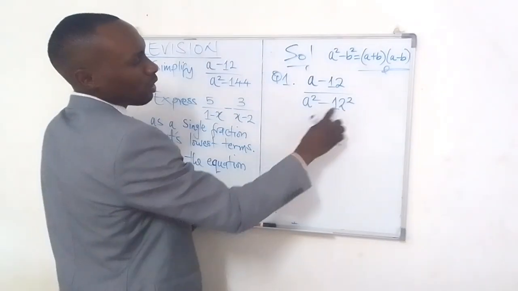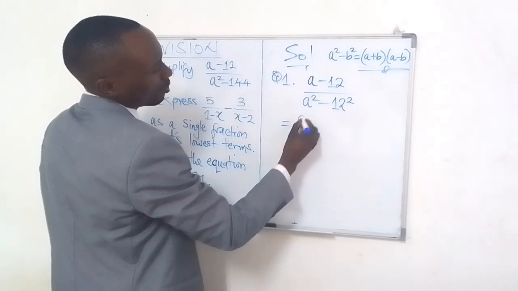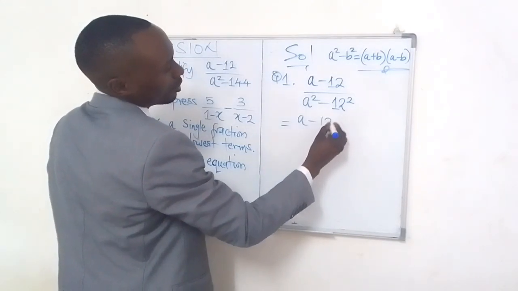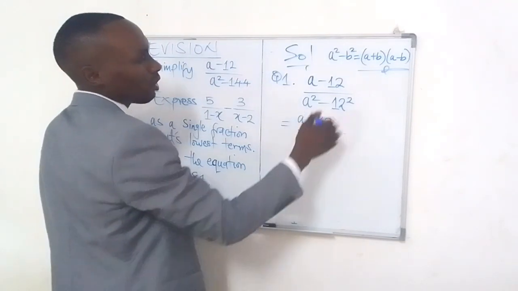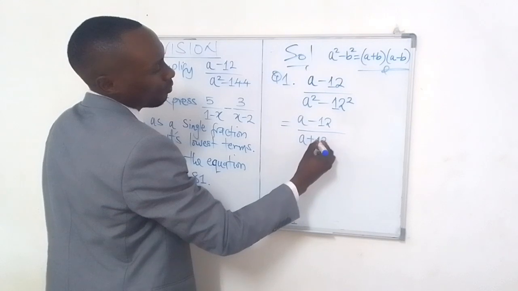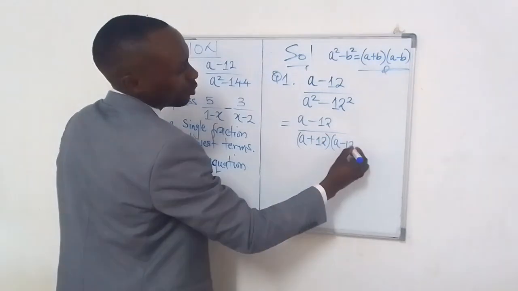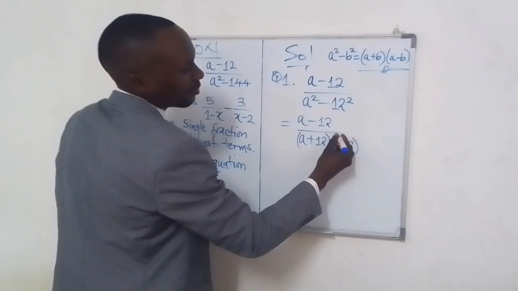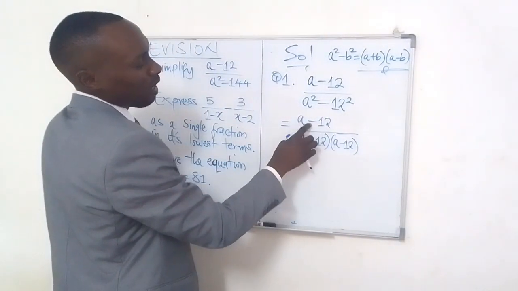So we are going to write this in this form. So this is equal to a minus 12 over, for a squared minus 12 squared, we're going to write it as a plus 12 in brackets, then a minus 12 in brackets.